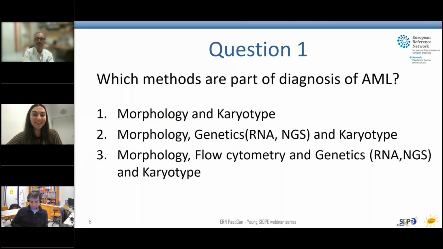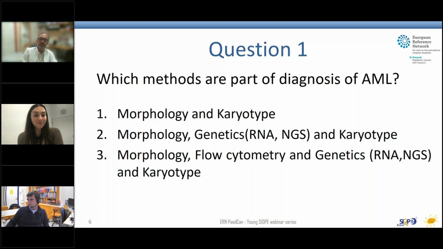I'd like to have you comment. Maybe it's possible in the chat, or otherwise, why do you think flow cytometry is not? Because it's an interesting discussion. It's correct that morphology is a mainstay of diagnostics, and sometimes, in particular in AML, it might be said it's not necessary to do flow cytometry.